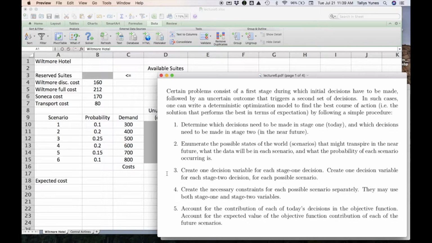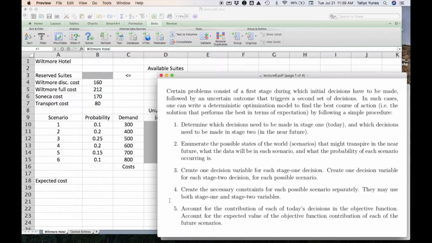Then you're going to make both your variables for stage one decisions and stage two decisions. And because there are many stage twos, you're going to have many of these variables, one set per scenario in stage two.